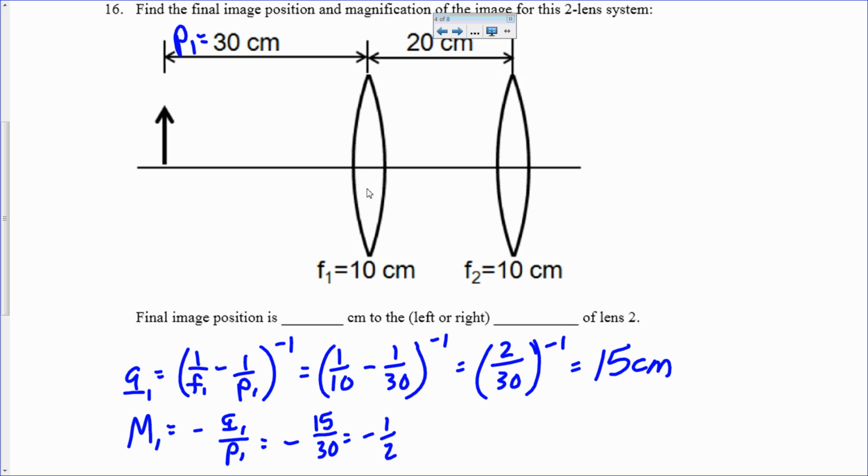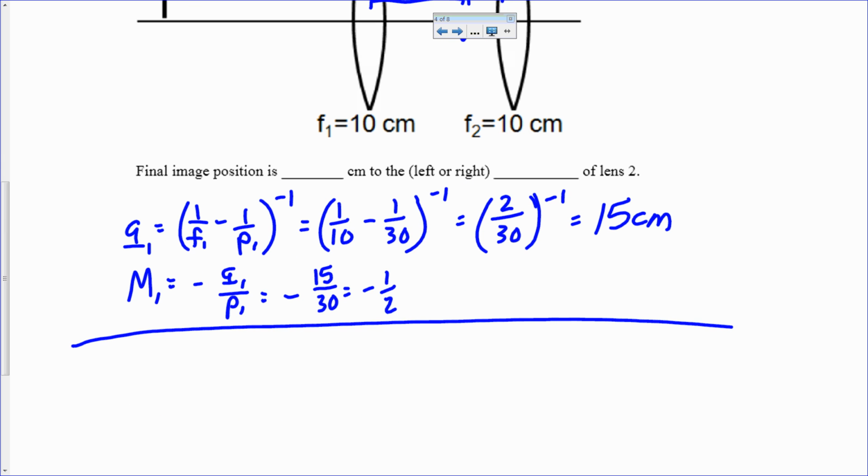Q1 looks like it's going to be right here. It's going to be half the original size. This is Q1. It's going to be 15 centimeters. There's a remaining 5 centimeters. That's going to be our P2. P2 is equal to 5 centimeters. And so now we'll use that to find Q2. So Q2 is going to be 1 over F2 minus 1 over P2.